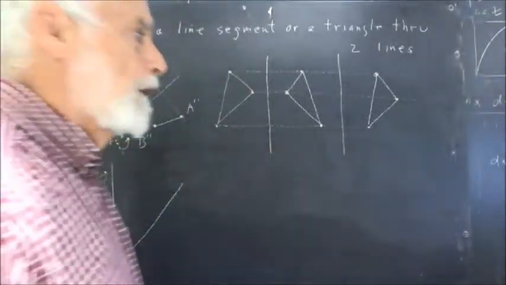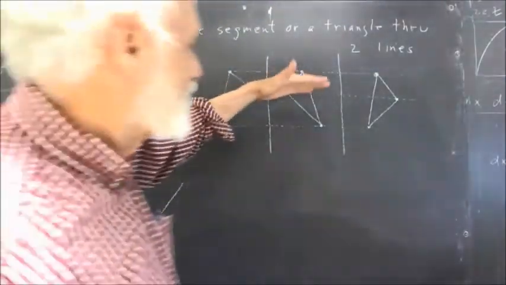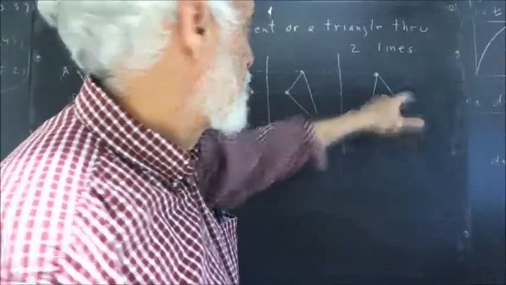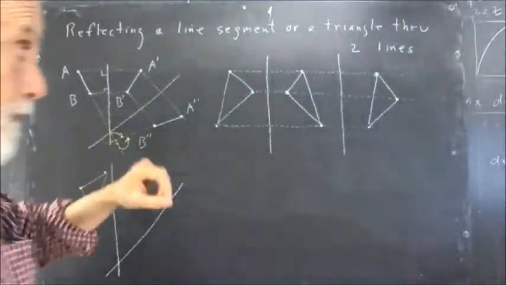And here's my triangle. Now, this straight line here kind of deviated a little bit, so this point's a little bit too low. Not everything is exactly right, but it should be plausible to you.